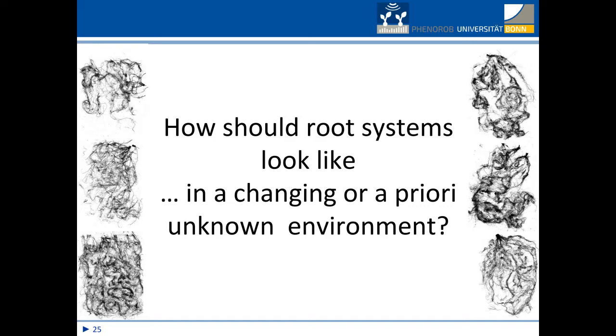But how should root systems look like in a changing or in an a priori unknown environment? Of course, low P and low soil water conditions are possible. Or imagine you want to grow spring wheat in a field nearby Bonn. Will it be dry, such as in the growth period in 2018 and 19 or this year? Or wet, such as in 2021?